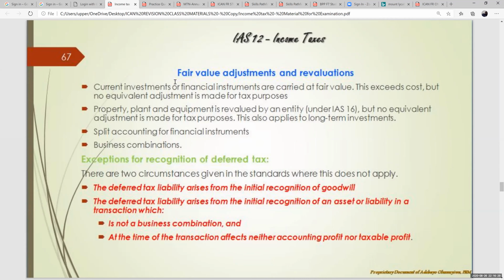Whenever you have deferred tax liability or asset, you don't recognize them when they emanated from differences that originate upon initial recognition of assets or liabilities, because such a difference is deemed to be a permanent difference. The exception is if it arose from a business combination other than initial recognition of goodwill; such will be recognized.